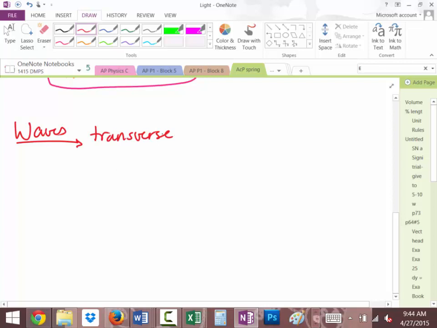Do you remember the opposite of transverse? You were almost there. Longitudinal. Yeah, you got it. So a transverse wave is one, just some nice little memory things here, where the motion is perpendicular.